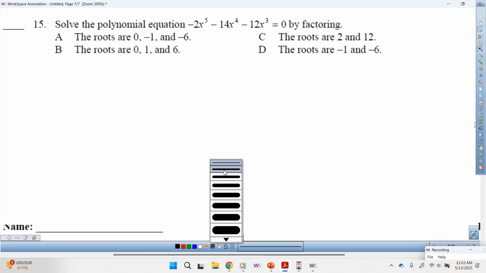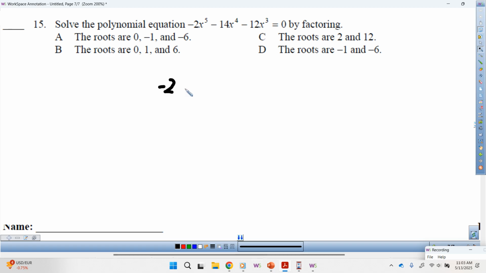Let's write it out. Negative 2x to the 5th minus 14x to the 4th minus 12x cubed equal to 0.